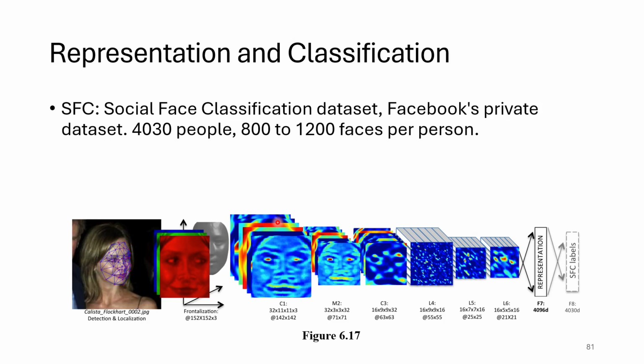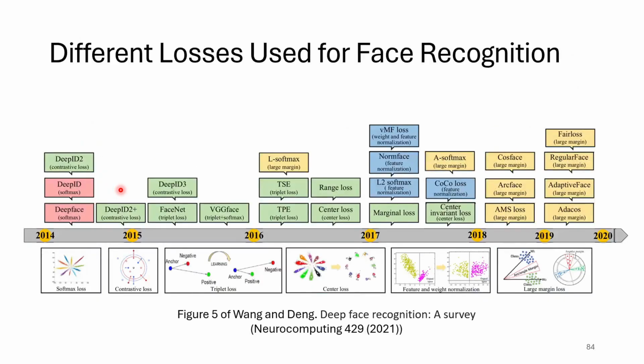So the ideal case would be, if this is a face of a movie star, the probability should be 1, and all other probability values should be 0. If it is not the case, then it will generate a loss. The loss is called the softmax loss.